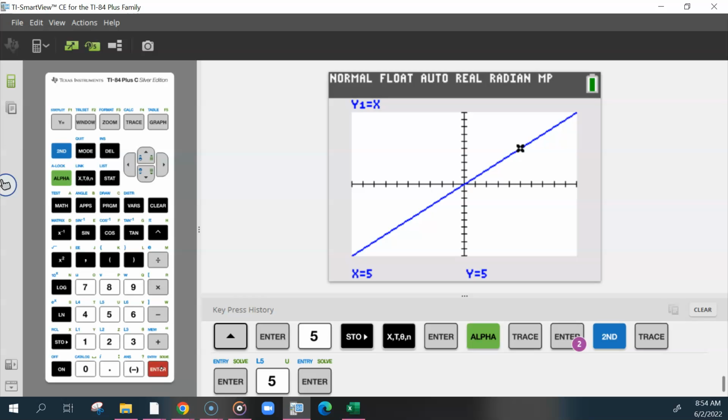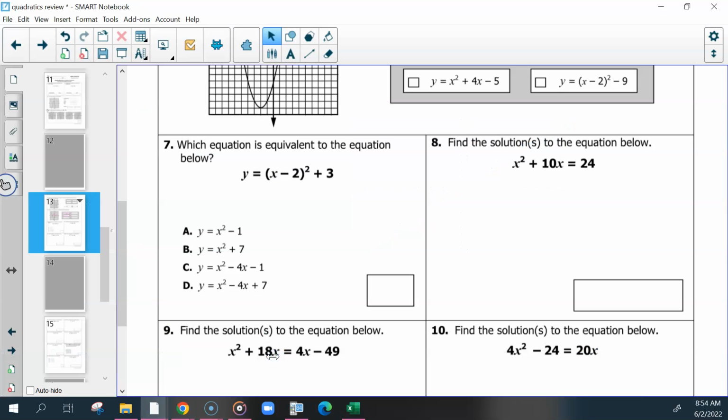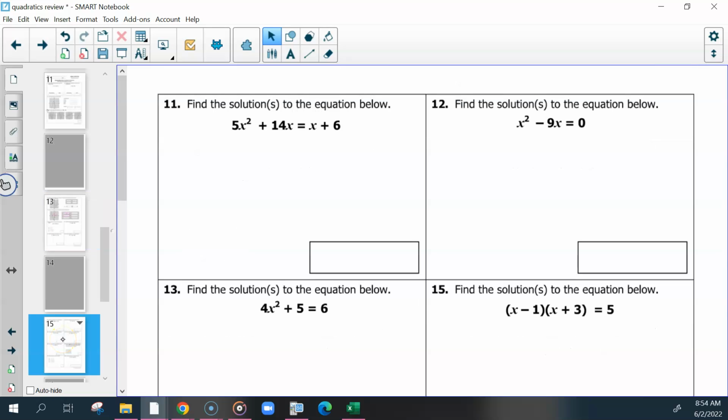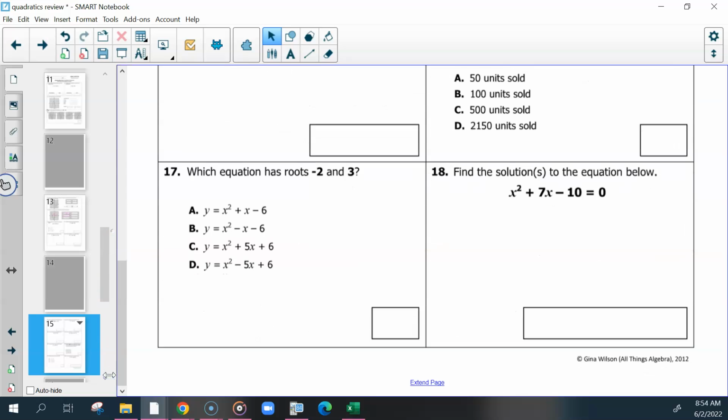Bella? Which one? Yes. So the same thing as solutions, x-intercepts. So if it has roots negative 2 and 3, it has to cross the x-axis at negative 2 and 3.